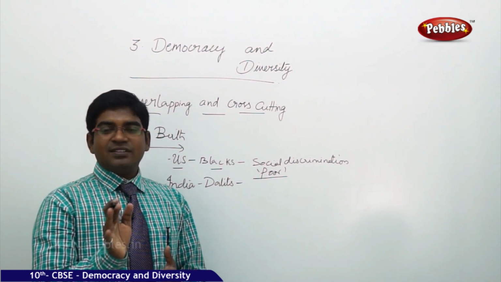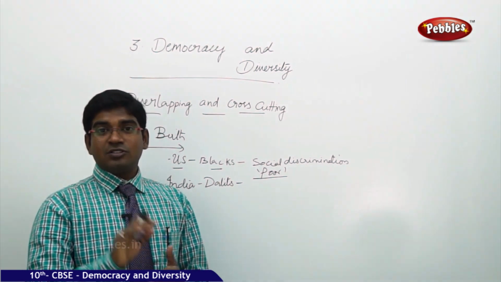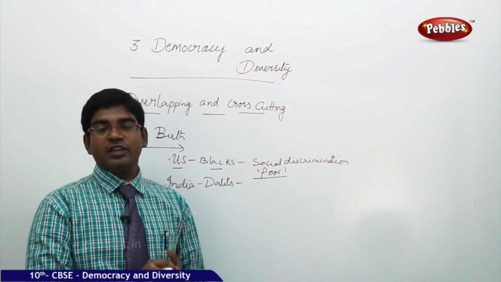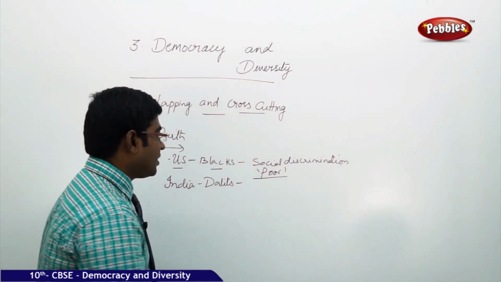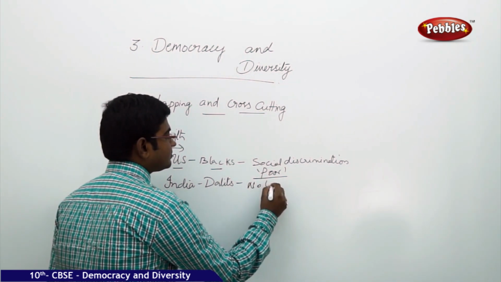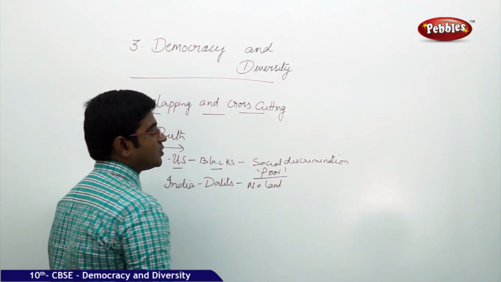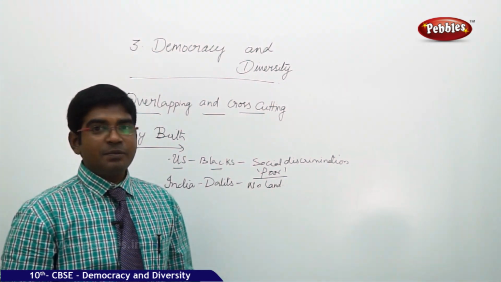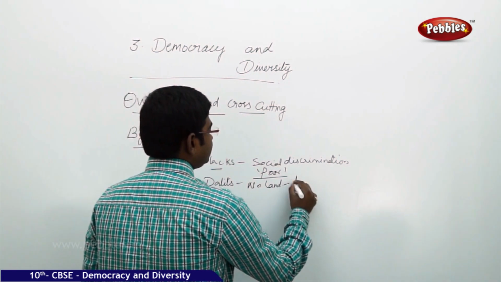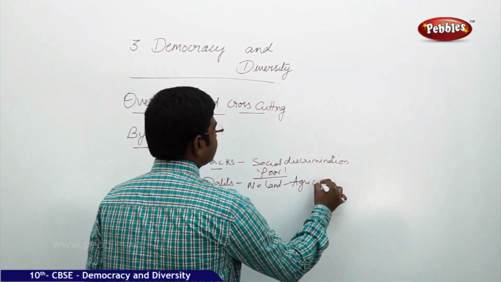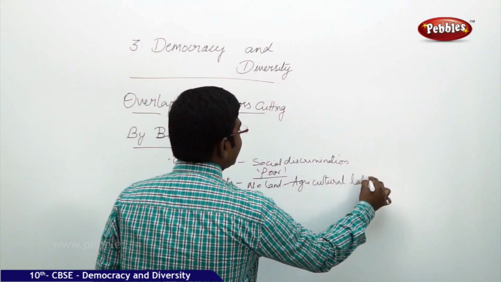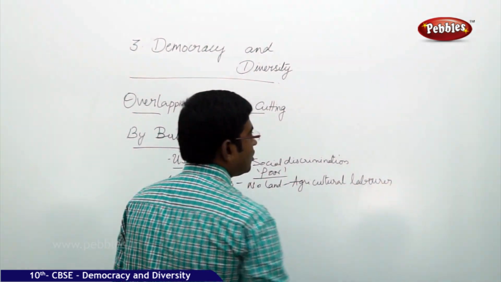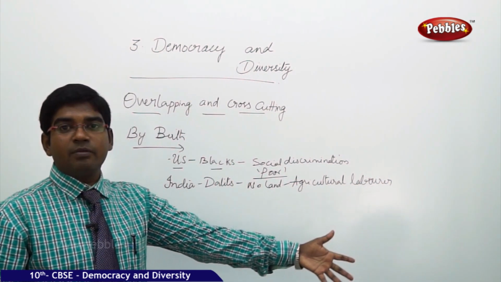Financially, we find a situation similar to that of the Negro people in the United States, where they also have no lands. So when they have no land, they become agricultural laborers or turn into bonded laborers.